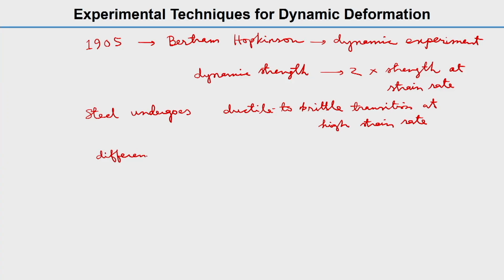But yes, it's not for all materials. Sometimes the material looks more brittle, or has less ductility, at higher strain rate. So this information was known long ago, but it is very material specific, and we need to know the response of different materials. Different materials behave very differently.